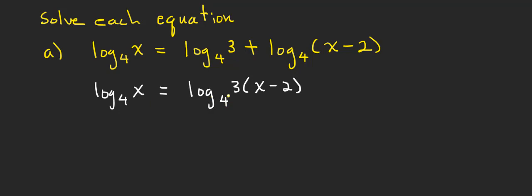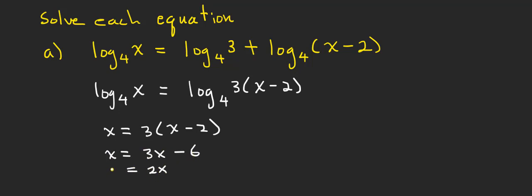These two are equal to each other when x is equal to 3 times the quantity x minus 2. So you end up getting x equals 3x minus 6. Therefore, 2x equals 6, which means that x is equal to 3. And you could check by plugging 3 in for x and see if they're equal to each other. In this case, they are.